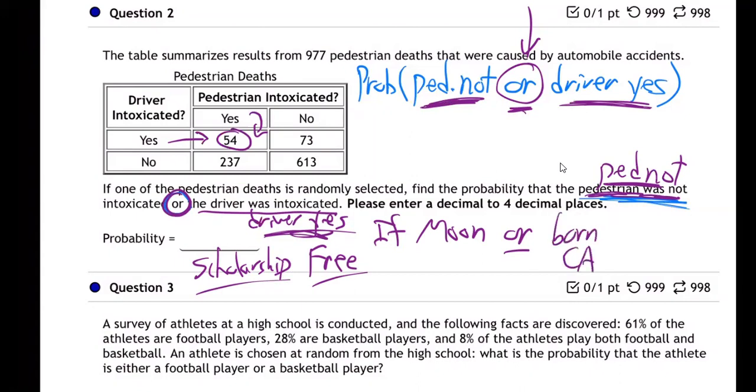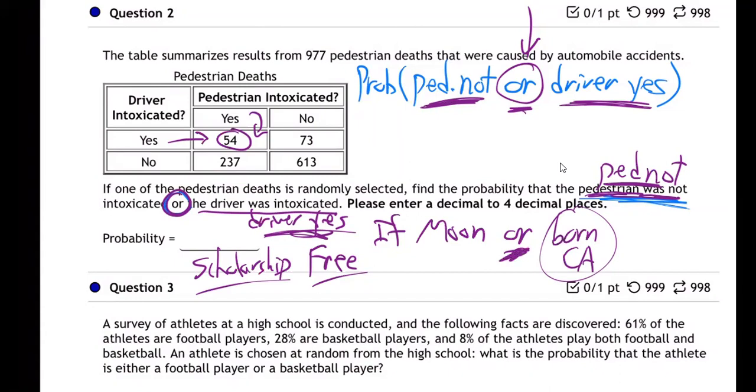How about that? So you can get this scholarship for free if you've been to the moon or you were born in California. Probably a lot of you were born in California, right? And so even though you haven't been to the moon, probably a lot of you were born in California, and so you could get this scholarship, right? That's the meaning of or.